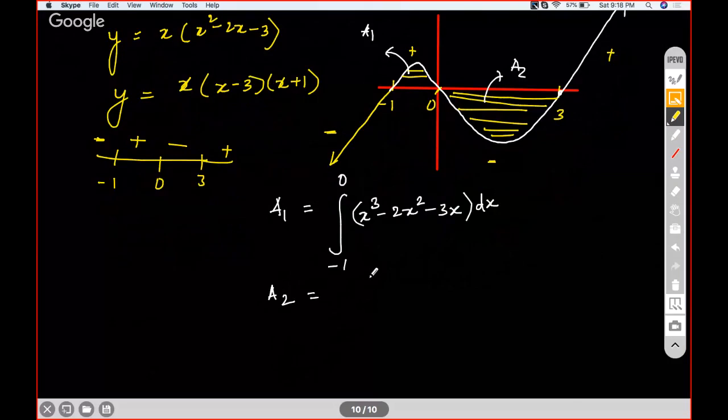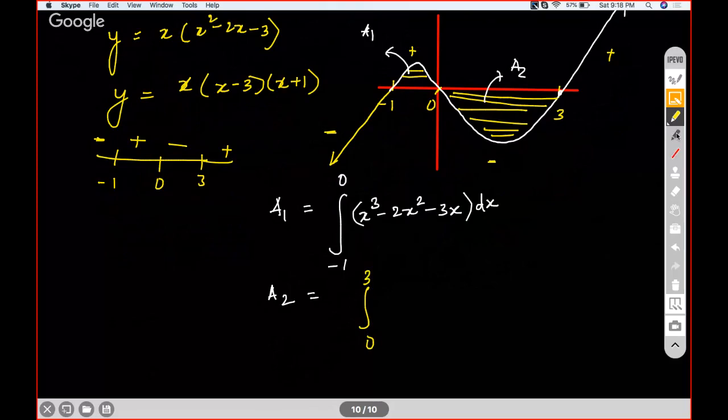So I was asking what's the expression for A2 that I should write. Just a sec. 0 to 3, same thing? No, minus. There's the catch here.